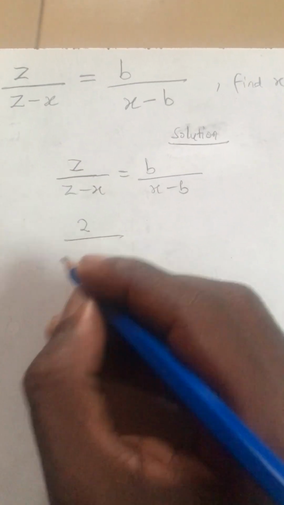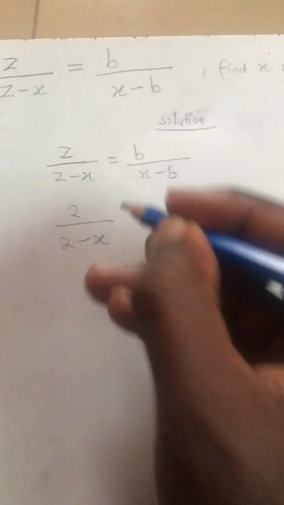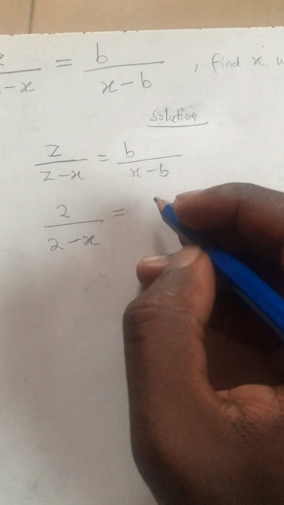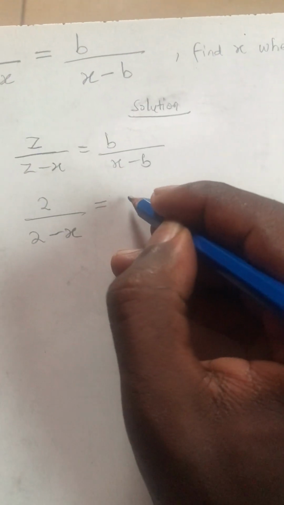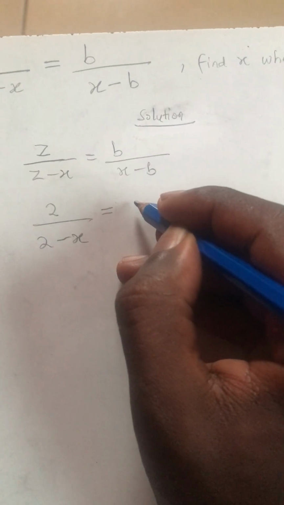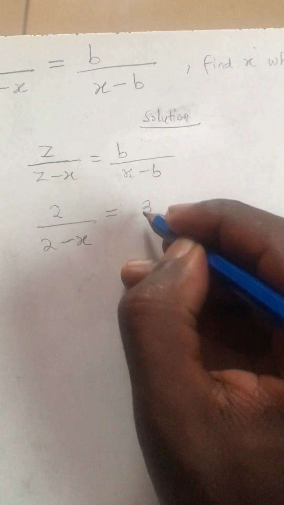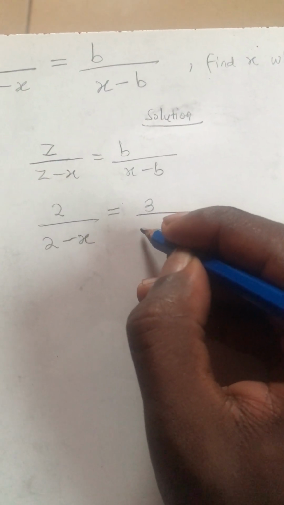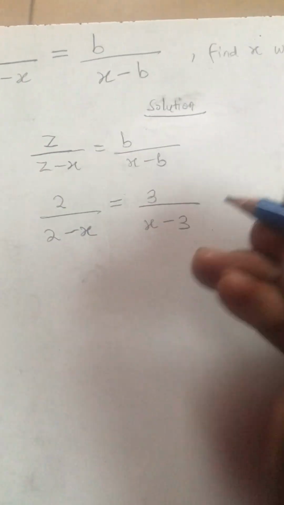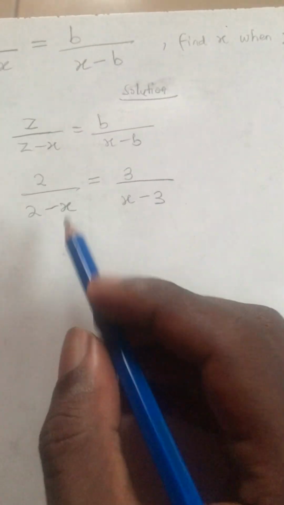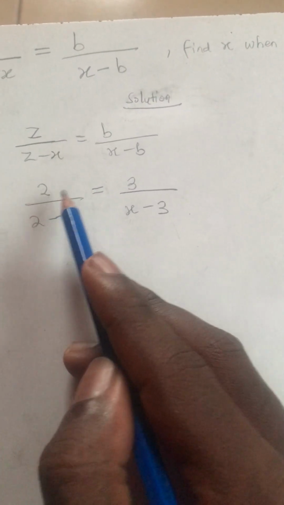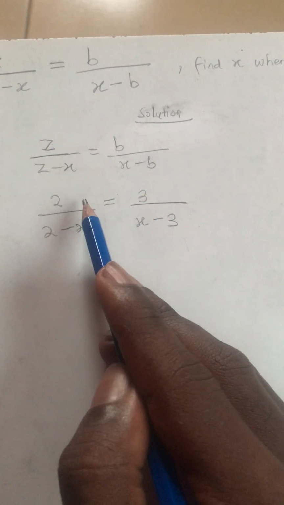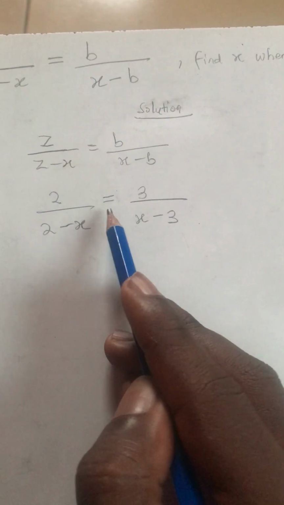So z is 2, minus x, where x is unknown, so that's what we are looking for, is equal to the fraction b, which in our case is 3, over x minus b, so we have x minus 3. So here these are two fractions in either halves of the equation, separated by the equal to sign.